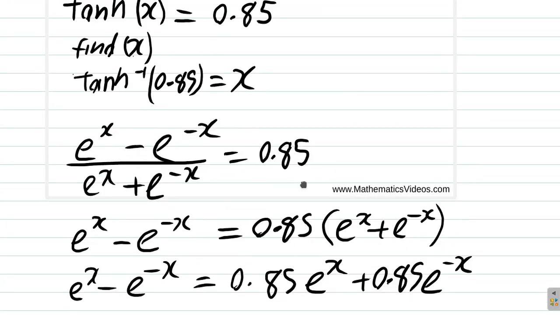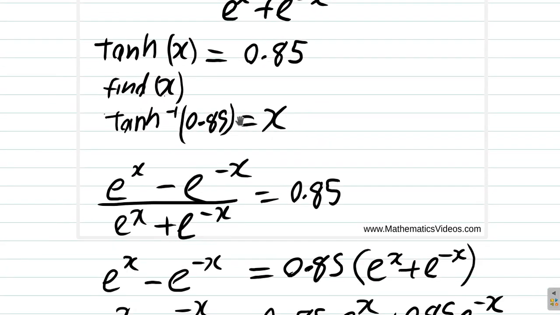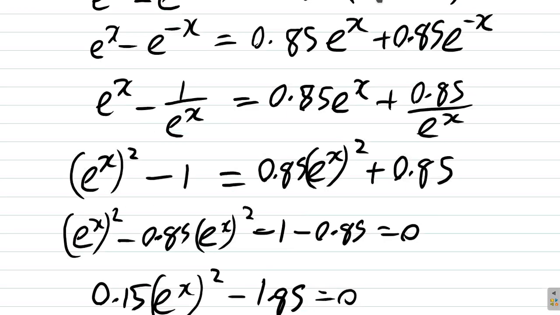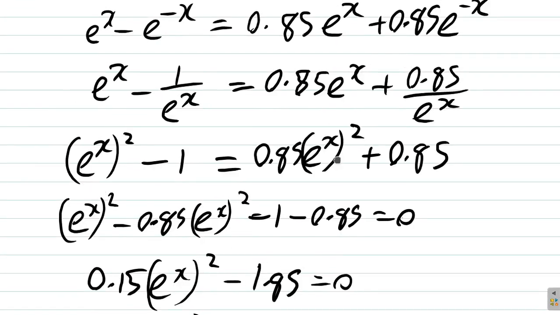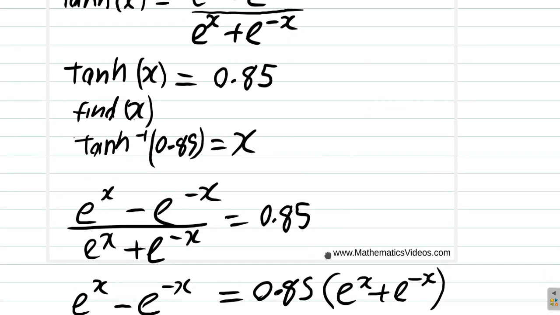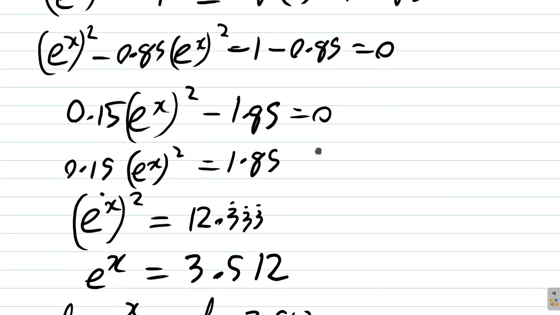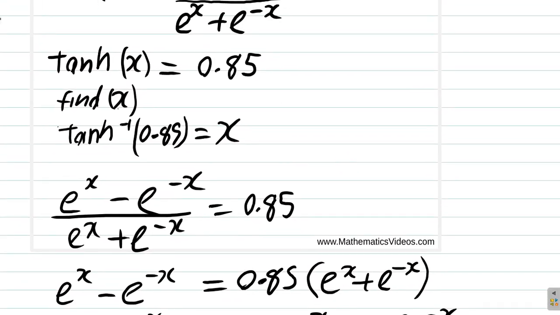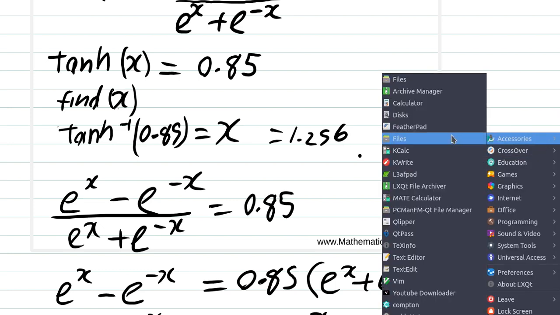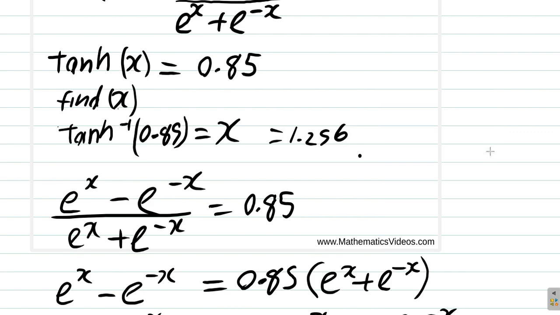So here, the tangent inverse of 0.85 is 1.256. Right? So we got x being equal to 1.256. So let's write it here now. Is equal to 1.256, and then we could use a calculator to look at that again.